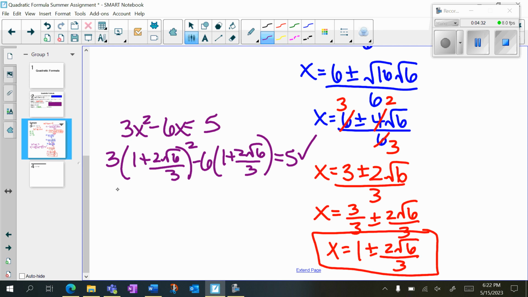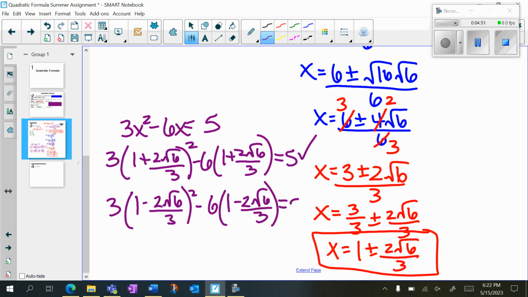And you could also use the one with the subtraction. 3 times 1 minus 2 radical 6 over 3 squared minus 6 times 1 minus 2 radical 6 over 3 is equal to 5. Both of those would work. Therefore, x equals 1 plus or minus 2 radical 6 over 3 is our solution.